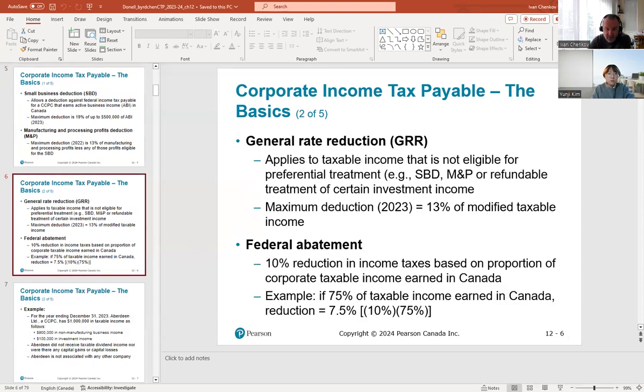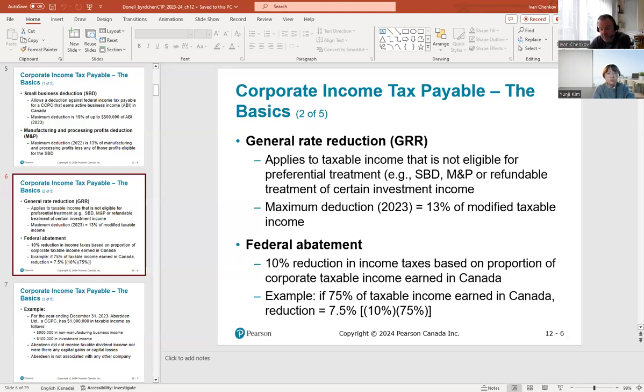Now, the general rate reduction applies to taxable income that's not eligible for the preferential treatment. So you may have income on which you cannot deduct a small business deduction or manufacturing and processing, or it's not refundable treatment on certain investment income. The maximum deduction here is another 13%. Imagine if I'm a manufacturing company, I can use the 13%.